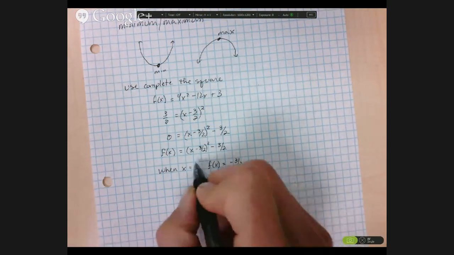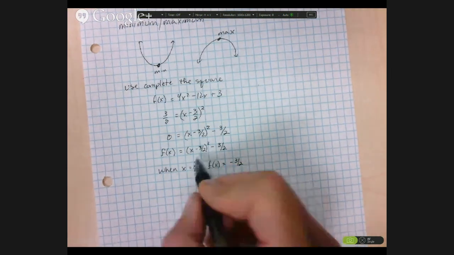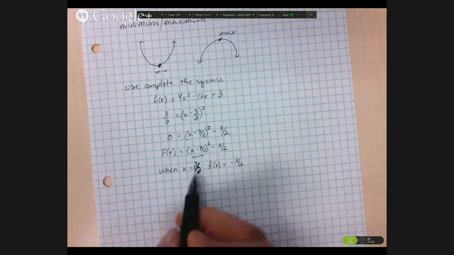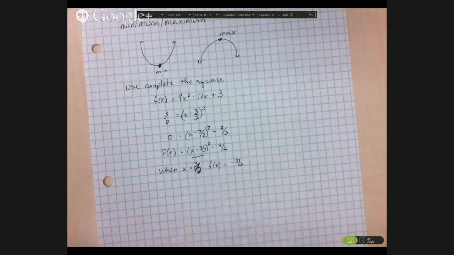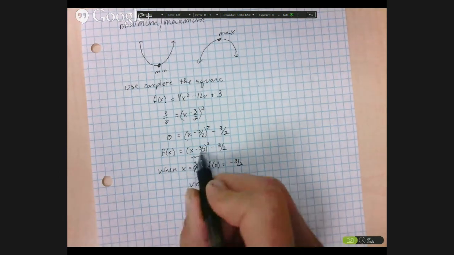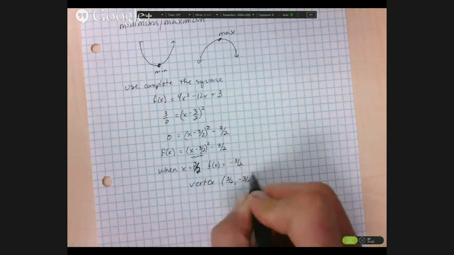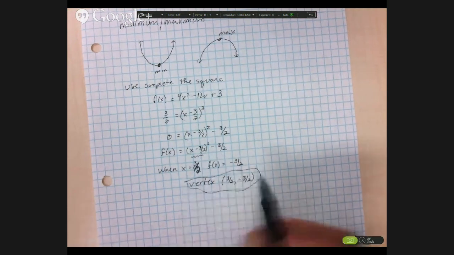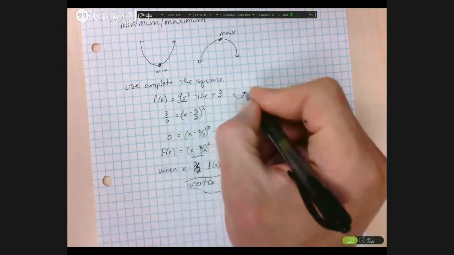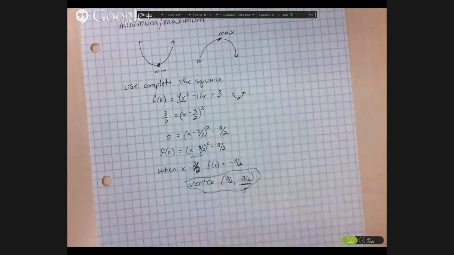When x equals 3/2, because that makes this term 0. So if this term is 0, that's our minimum. Okay. Or you can also note the vertex is 3/2, -3/2, just by vertex form. So our minimum here, because this is positive, it opens up, we know it has a minimum at that point. Okay, so that's one way.